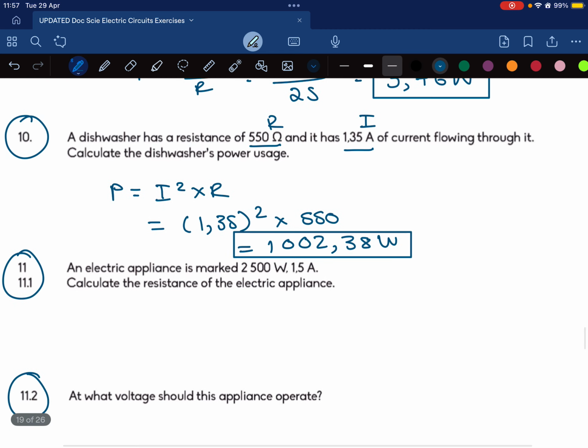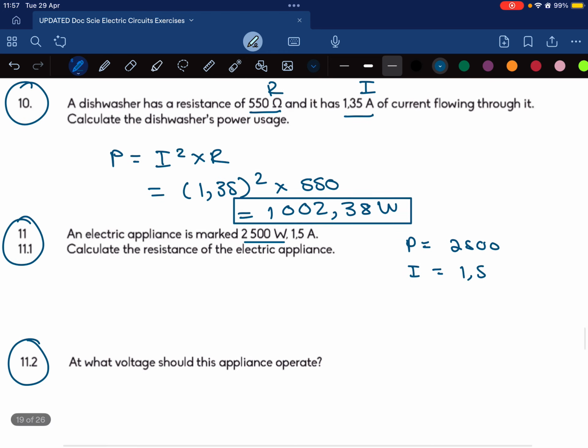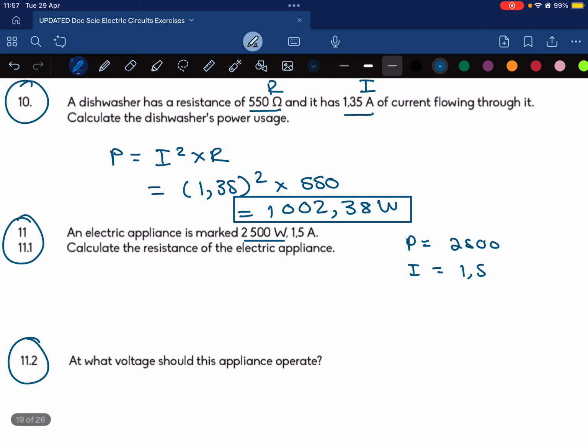Okay, moving on. It says an electrical appliance is marked as 2,500 watts. So we have power, which is 2,500. We have current, which is 1.5. It says calculate the resistance. Again, we're going to use this formula that we used above.